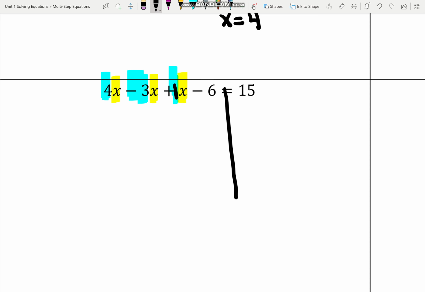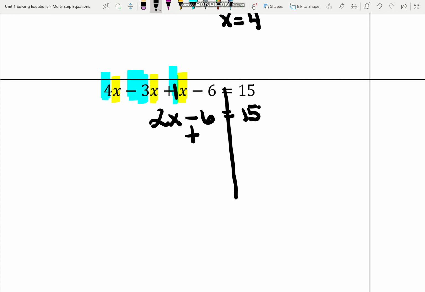Add 6 to both sides. 2x equals 21. Divide both sides by 2. And x equals 10.5.